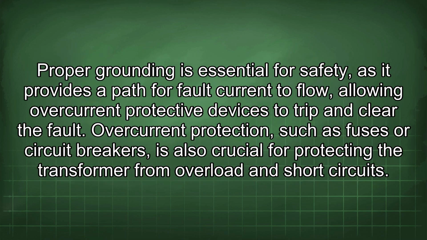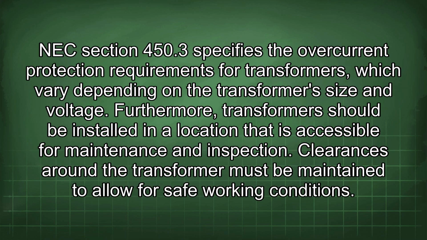Proper grounding is essential for safety, as it provides a path for fault current to flow, allowing overcurrent protective devices to trip and clear the fault. Overcurrent protection, such as fuses or circuit breakers, is also crucial for protecting the transformer from overload and short circuits. NEC section 450.3 specifies the overcurrent protection requirements for transformers, which vary depending on the transformer size and voltage.